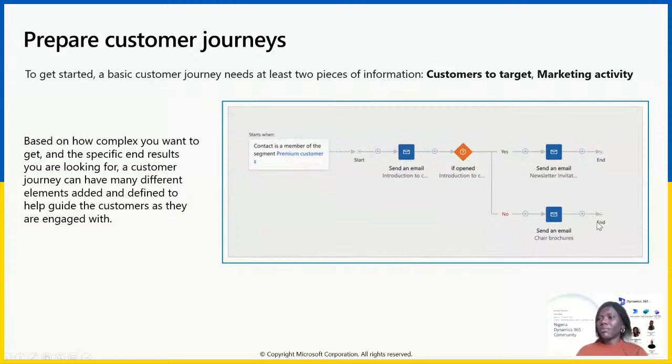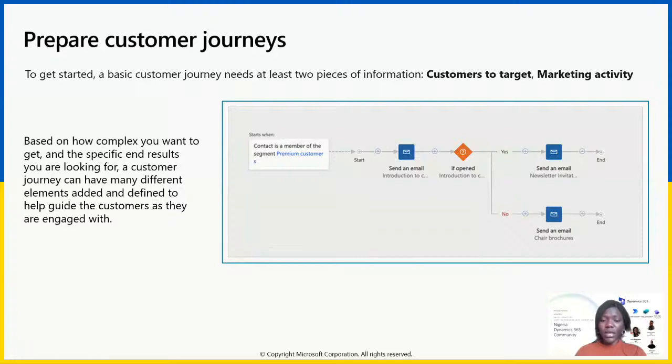So this is an example of a simple customer journey, and it can get as complex as you need it to get. But it's just based on certain criteria. If this happens, then you do this. If this doesn't happen, then you do this. Just like an if and else condition. So it's based on how complex you want to get, like what I've said. Many elements can be defined in this particular customer segment.